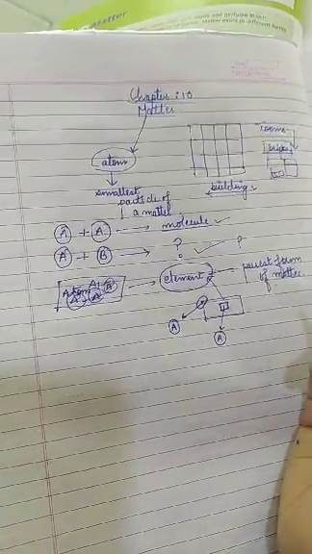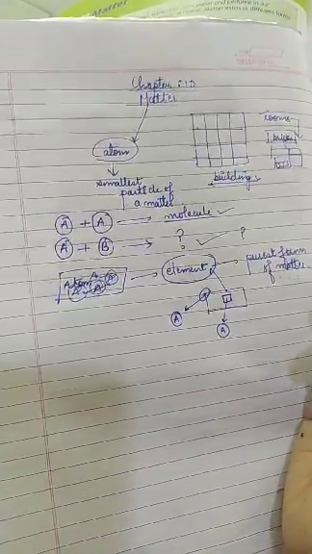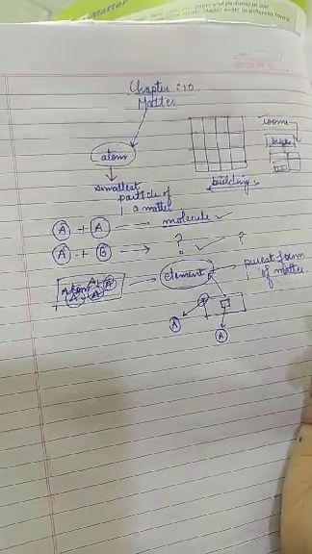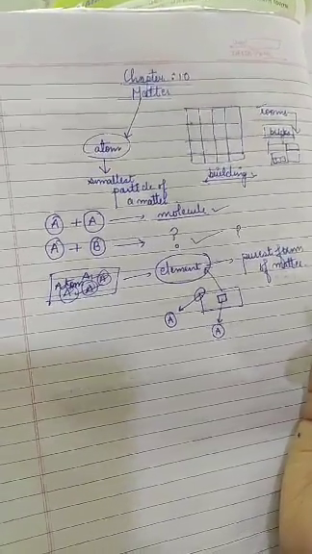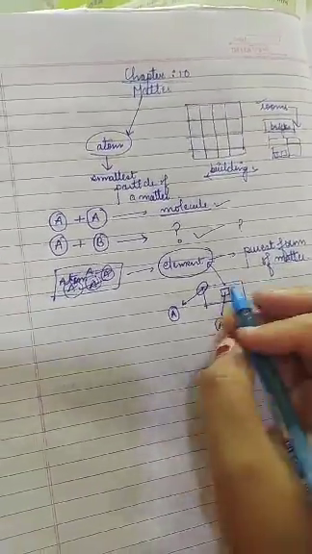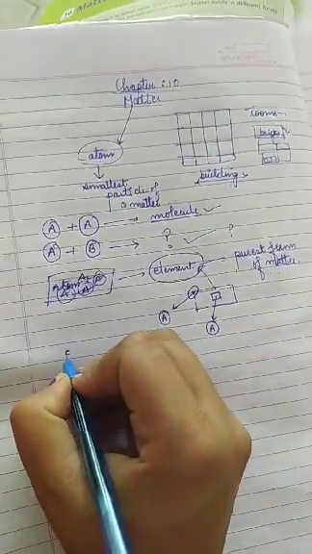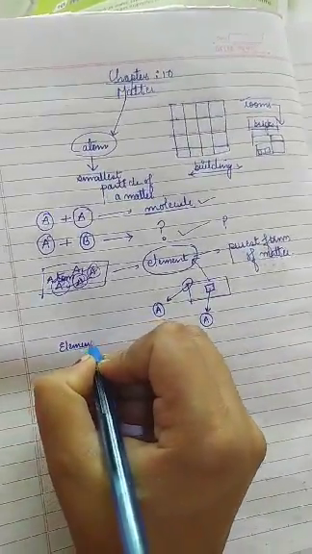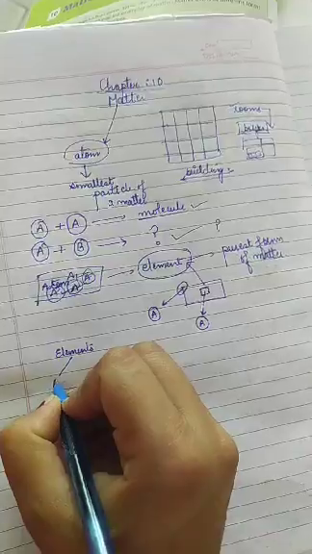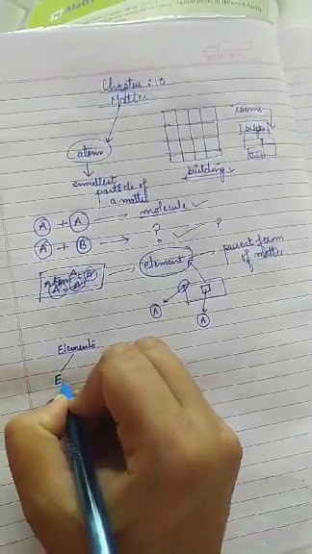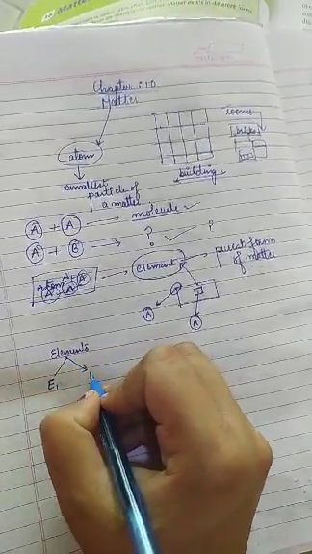What happens if in a matter more than one type of element combine? Means here are the two elements, element E1 and element E2.